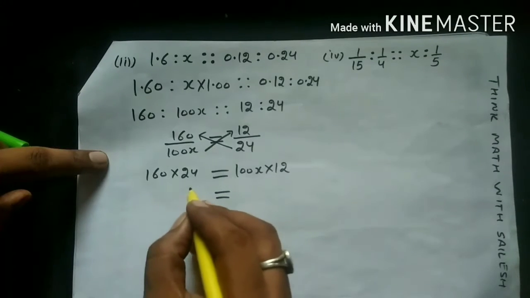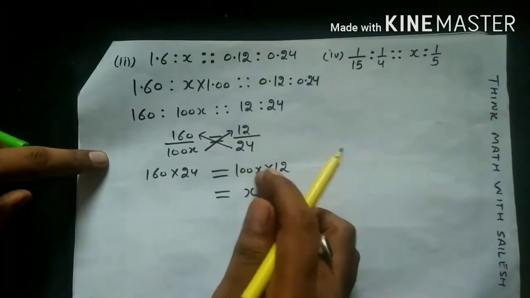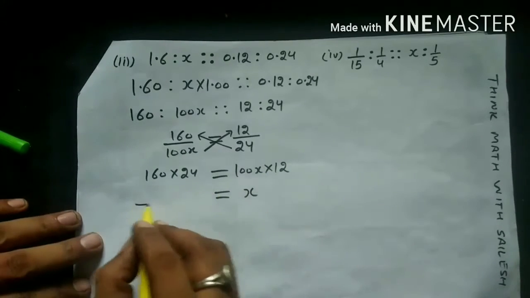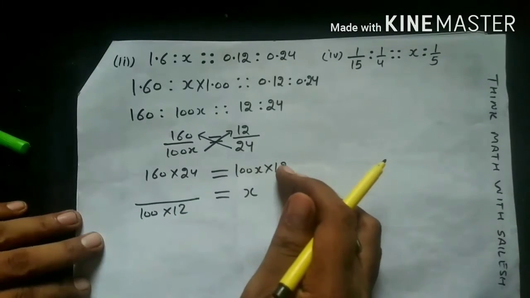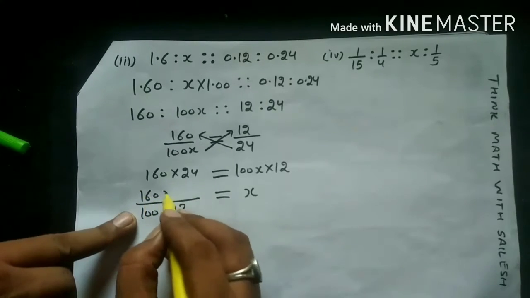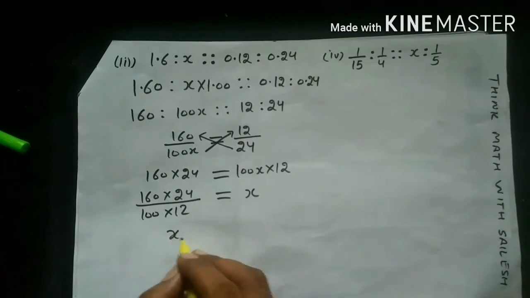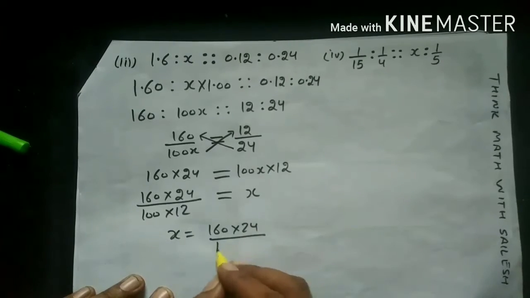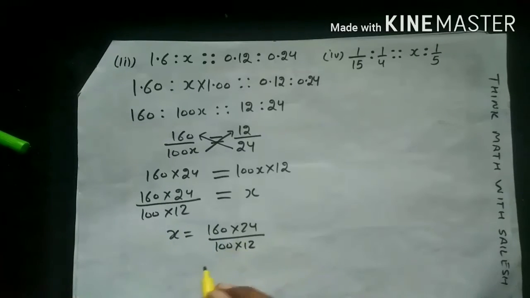Now I will leave x here and all the multiples of x will be on the other side, in the denominator. 100 multiply 12, those were multiplied here, by transposing will be written in the denominator form on the left hand side. Now this is the fraction I have to solve. Now I will cancel.